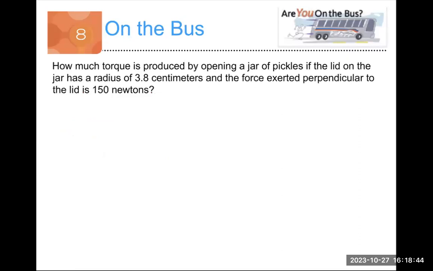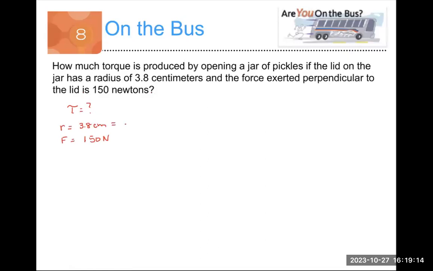There's another one. You're asked to find the torque that's produced by opening a jar of pickles, if the lid has a radius of 3.8 centimeters and the force exerted perpendicular to the lid is 150 newtons. Again, we have centimeters, so we need to convert to meters.